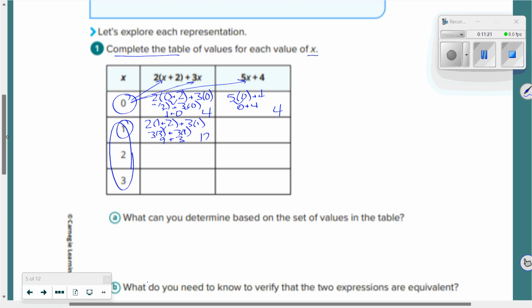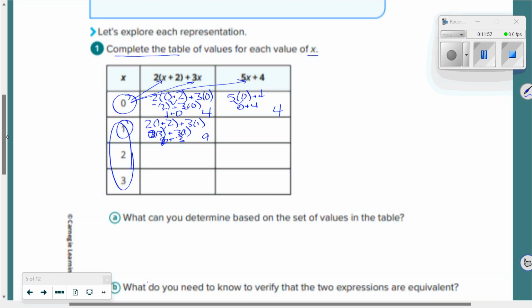That gives me 12. How do we get 3? 3 times 1 is 3. Where did we get it from? Oh, yes, it was 2 times 3 plus 3 times 1. 2 times 3 is 6, and 6 plus 3 is 9.